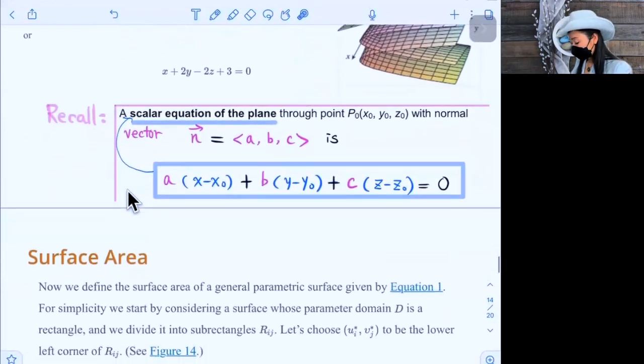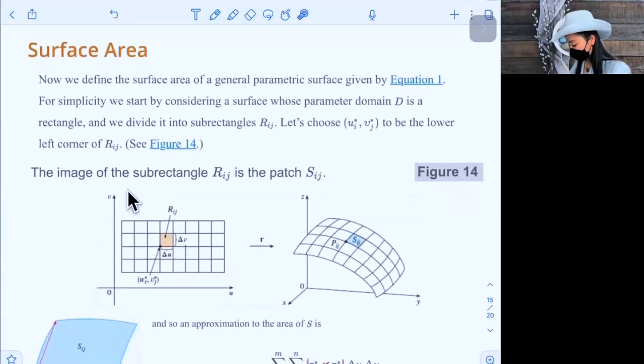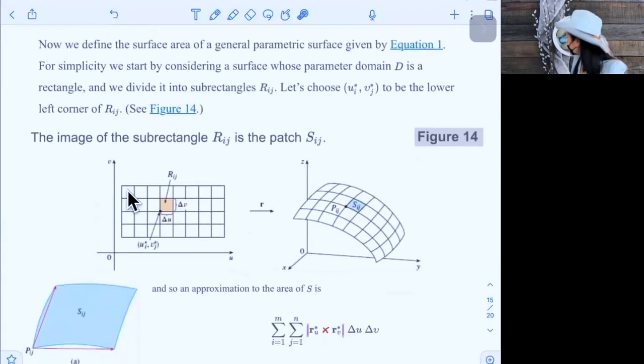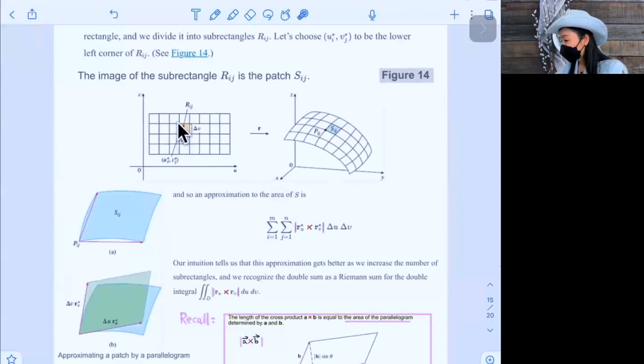Okay, now the last topic here is surface area. We do have a lot of topics today. For the surface area, we use a Riemann sum. Each subrectangle delta u, delta v is going to map to a patch on the surface over here.